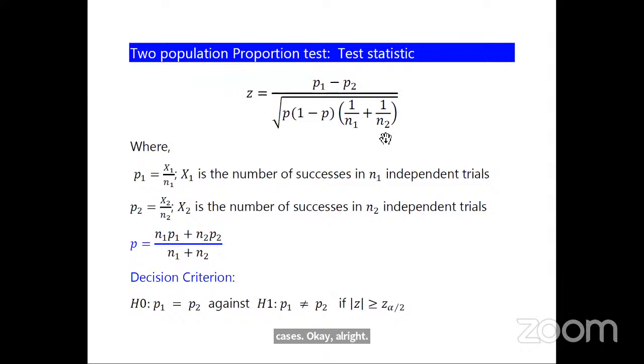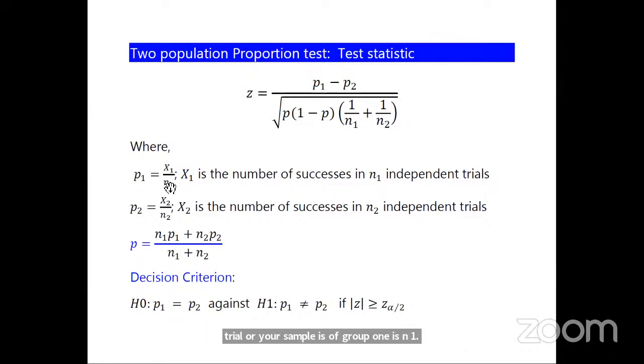So here is the test statistic for two population proportion test. It is P1 minus P2 upon square root of P into 1 minus P into 1 upon N1 plus 1 upon N2. Here P1 is the proportion of that particular characteristic from first group. So P1 is X1 upon N1, where X1 is the number of successes in N1 independent trials, or your sample of group 1 is N1.